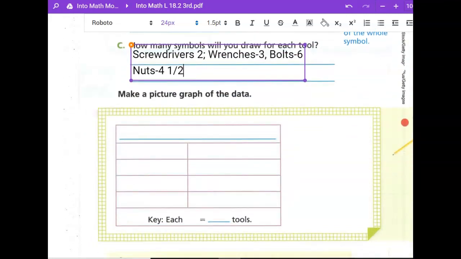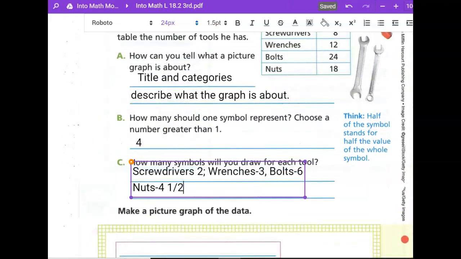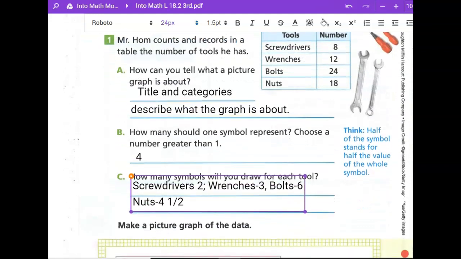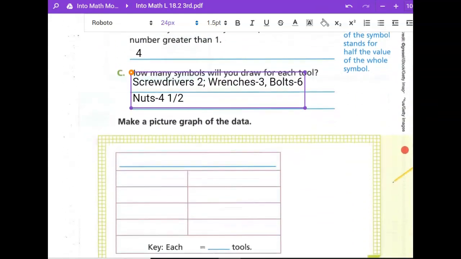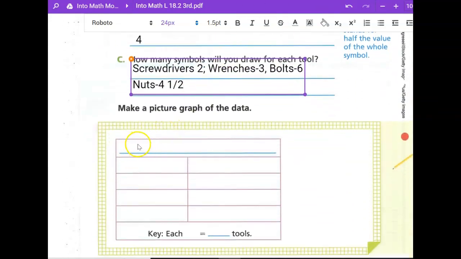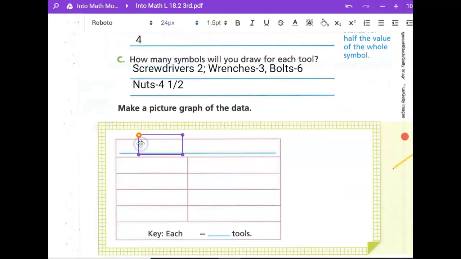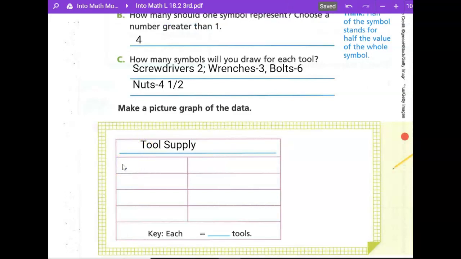So now it says to make a picture graph. Well, up at the top of our clipboard, we already have our title. And we already know that our key is going to be 4 tools for each book. So tool supplies. And the first category is screwdrivers.